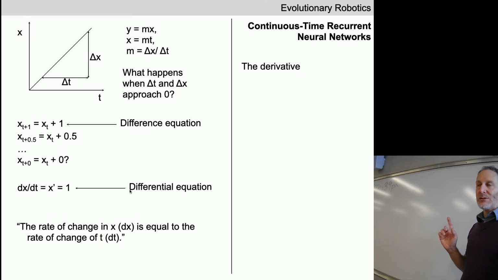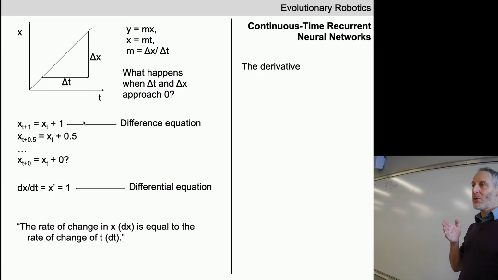I want to contrast differential equations with difference equations, which describe a way of describing how things change over time discretely. So if we want to know what the value of x is at the next time step, t plus 1, we can describe it as take the previous value of x and add 1 to it, and that describes a particular change to x over time.